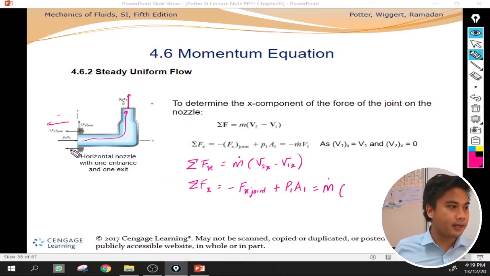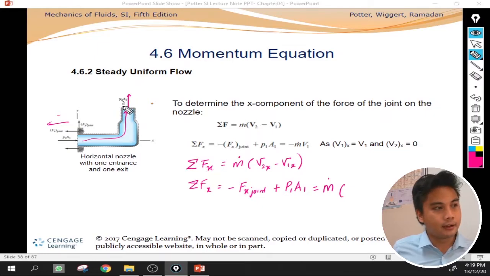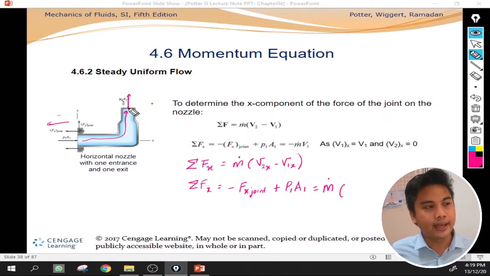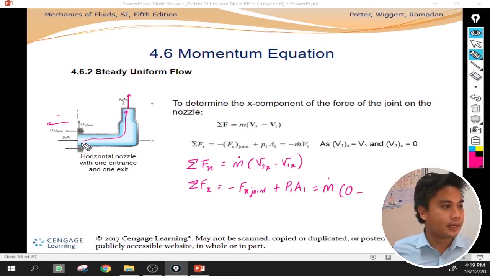Do we have point number 2, velocity 2 at the x component? No, we don't have that. So 0 minus V1x, which is V1x. You can see here, this is coming from this flow. Velocity coming from here, V1.